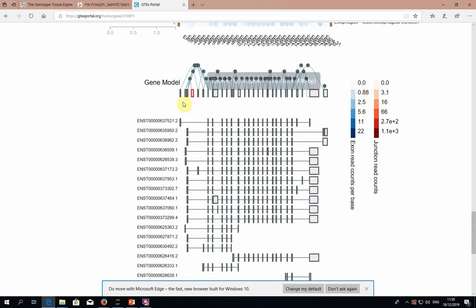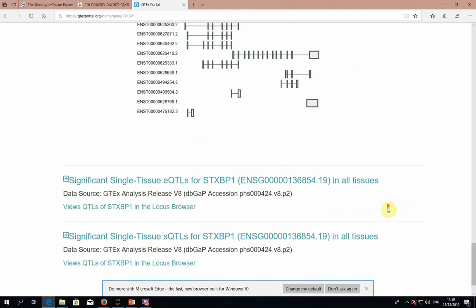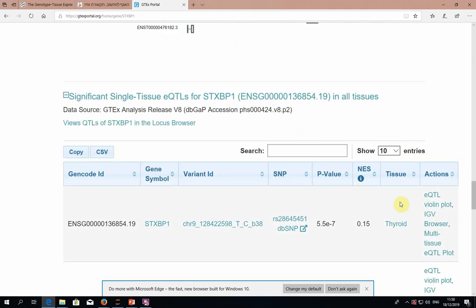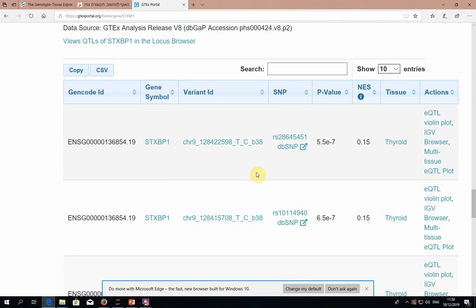This is really the graph of all the exons that they see in these genes. And then you can go and ask what is the significant single tissue for these genes. Immediately you see that, yes, the p-value is not that great.